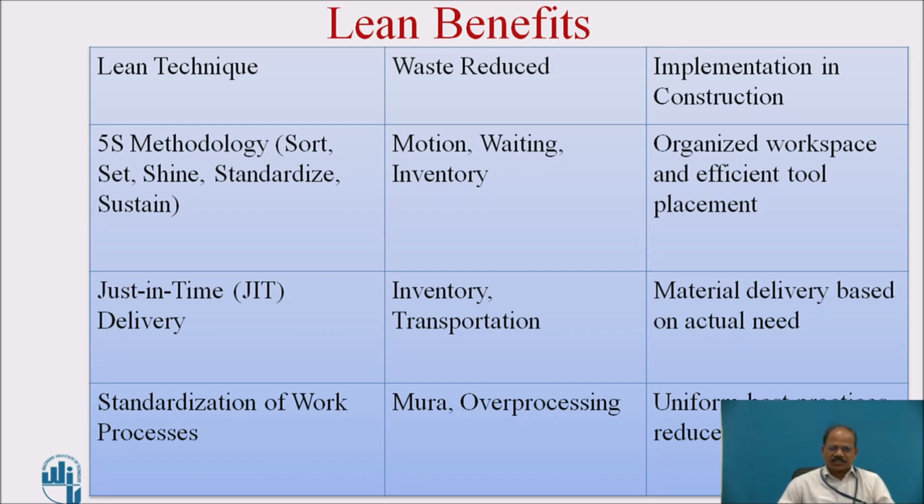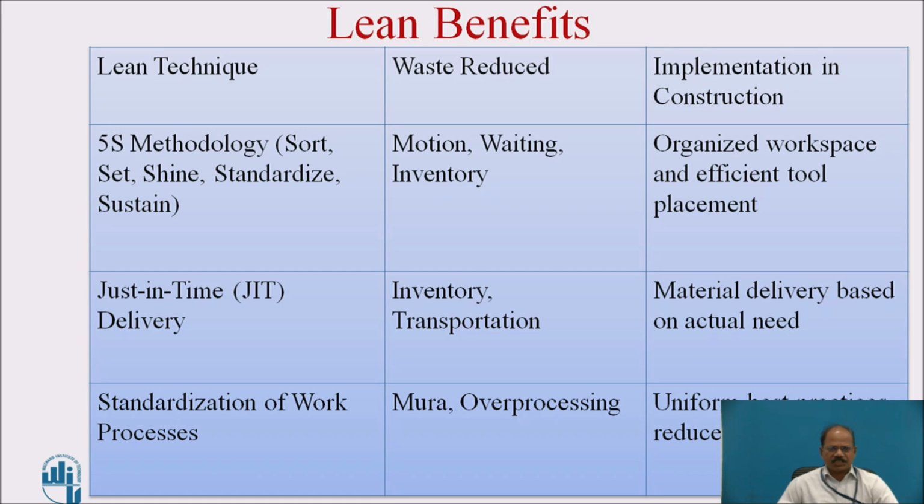In waste reduction, motions are reduced, waiting is reduced and inventory is reduced, while in the construction industry these particular things help us in organizing workspace and efficient tool placement. In just-in-time delivery, you can see that the waste reduced is in inventory and in transportation, while in the construction industry, material delivery based on actual need is taken care of in lean construction.